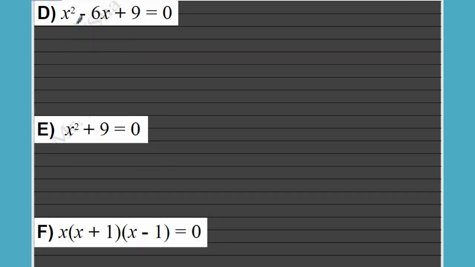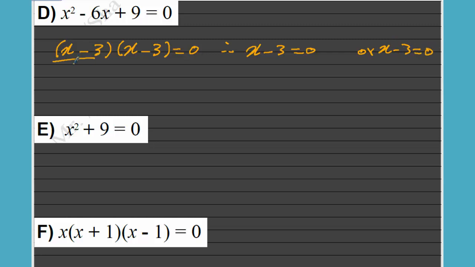Here we have x² − 6x + 9 = 0. We start with factorization. So (x − 3)(x − 3) = 0. Also, someone can say that x − 3 = 0 or x − 3 = 0.